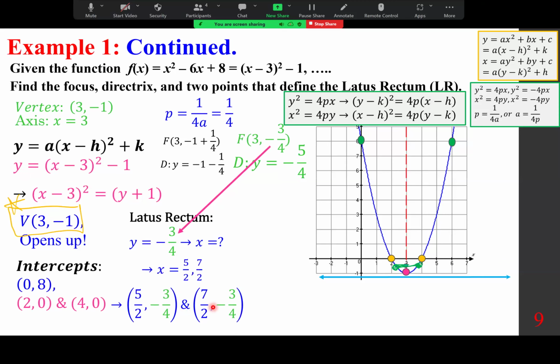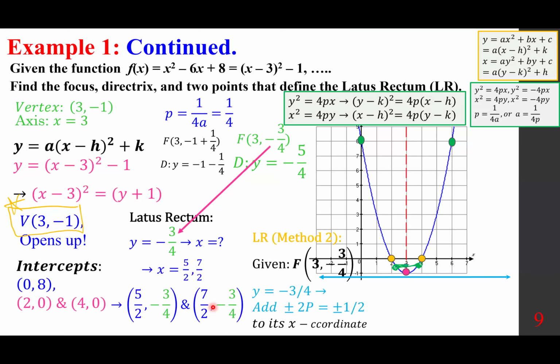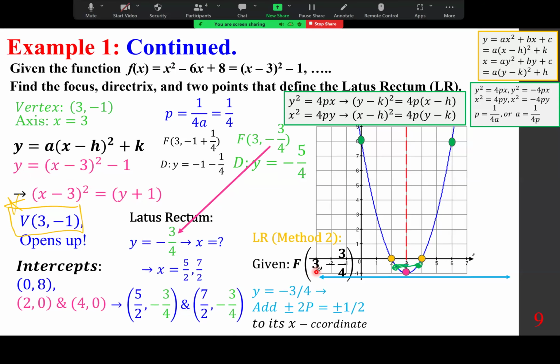I'm going to show you a second method. We know the focus is located at 3 and negative 3/4, which means the y coordinate is equal to negative 3/4. If we add plus minus 2p, remember the p is 1/4.